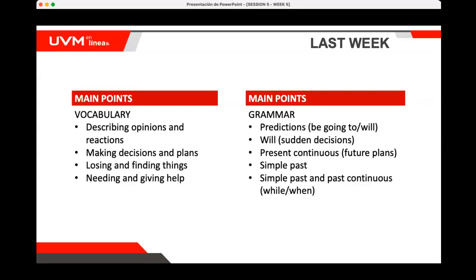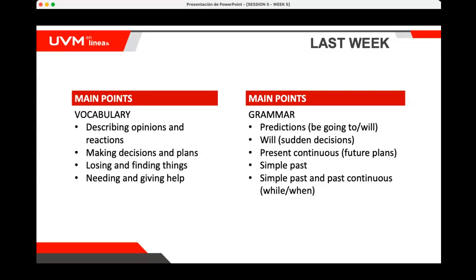You also worked with will for sudden decisions, and with present continuous to talk about future plans. As I told you in that class, we have other ways to talk about the future. We made a quick review of all the ways in which we can talk about the future. We also said that we can use the present to talk about the future.